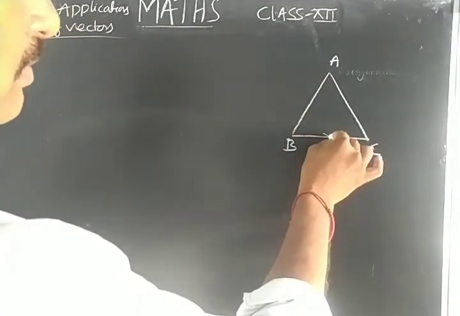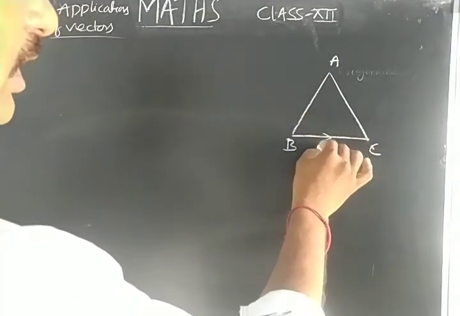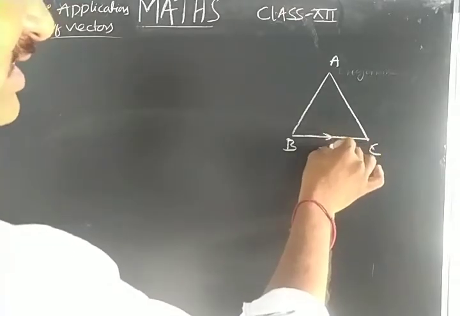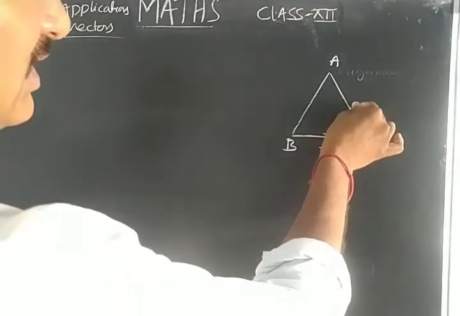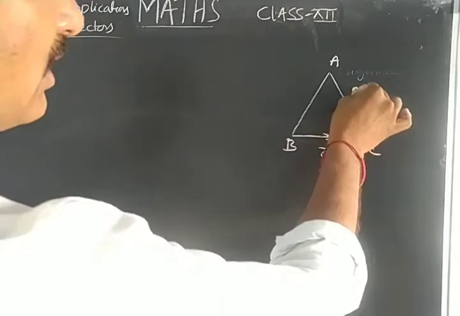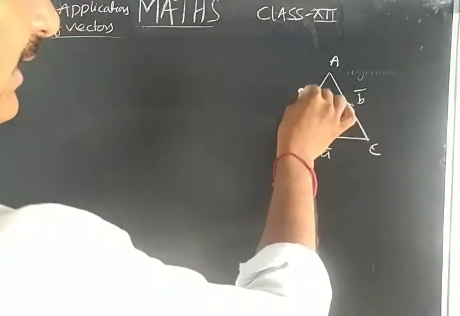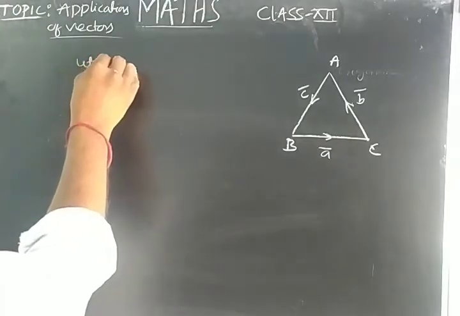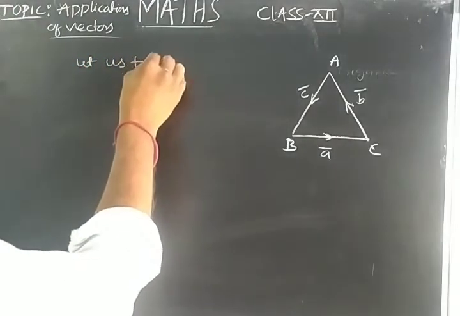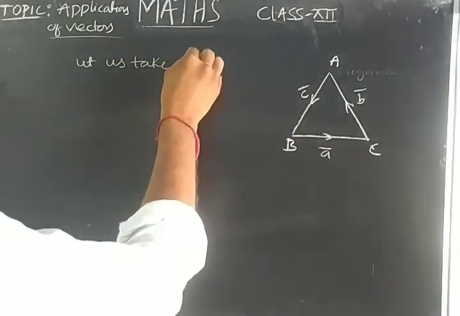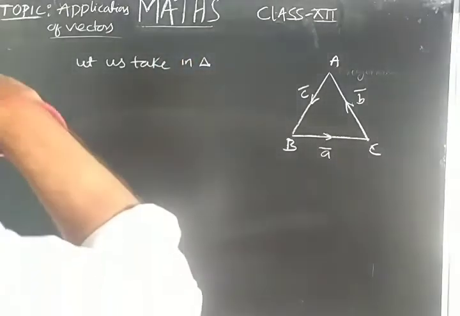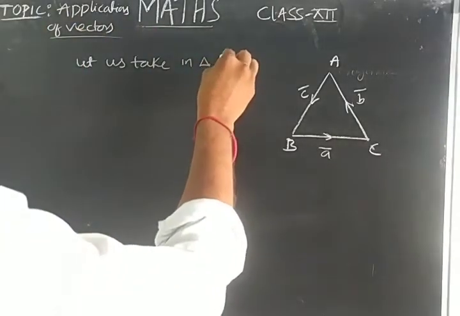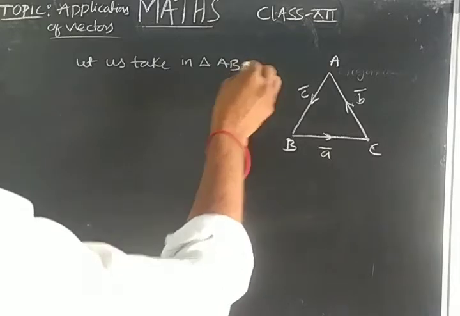where the BC vector is always denoted by A bar. I am taking it in this direction, and the CA vector I am taking as B bar, and the AB vector I am taking as C bar. Okay, let us take triangle ABC.